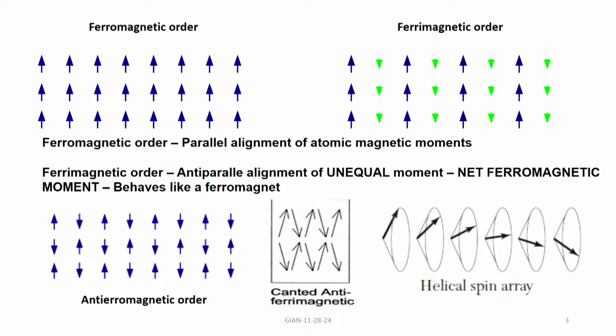So, the arrangement is antiferromagnetic, but there is a net angle between the two moments, that is a canted structure. There is also helical spin ordering. If you imagine a helix, the neighboring spins are making a certain angle like a cone. So, the helical spin ordering is very much like what is shown in this figure.